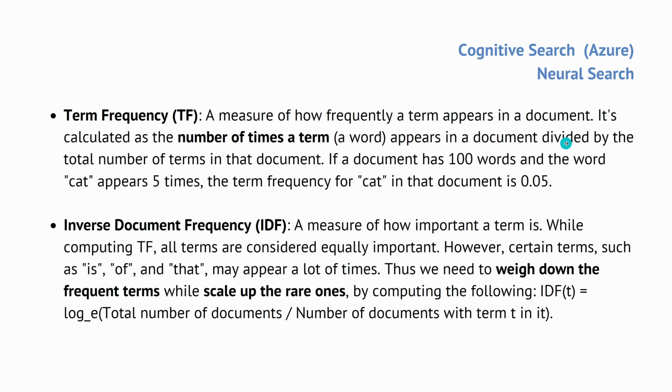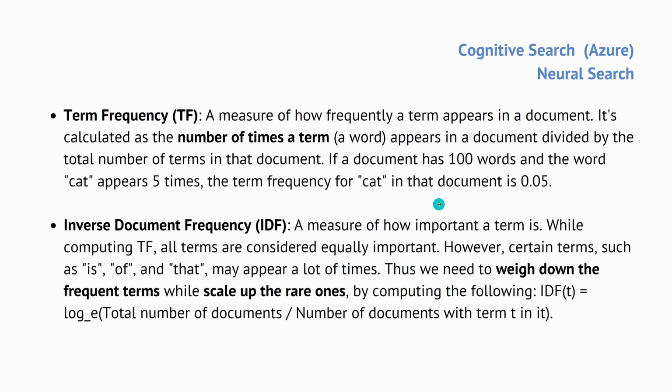Term frequency, very easy, calculates the number of times a term, a word, appears in a document, divided by the total number of terms. So if a document has 100 words, and the specific word cat appears 5 times, you're not going to guess what is the result.